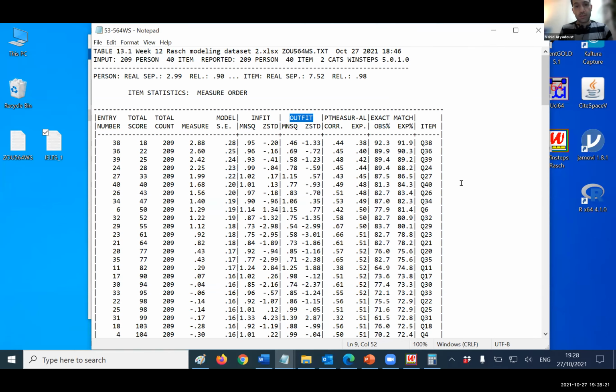So in other words, I want to put it in this way. Now that we know that we have a difficulty measure, and we know the certainty with which to make sense of that difficulty measure, the question is, does this difficulty measure really reflect difficulty only, or is it affected by something else that we don't know?